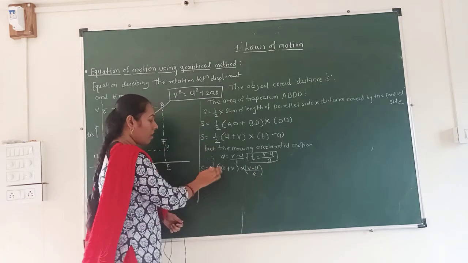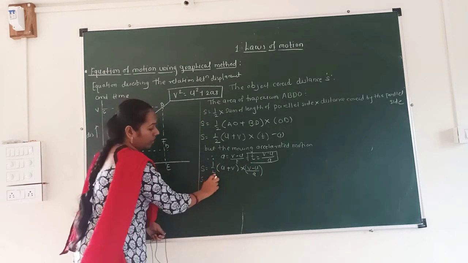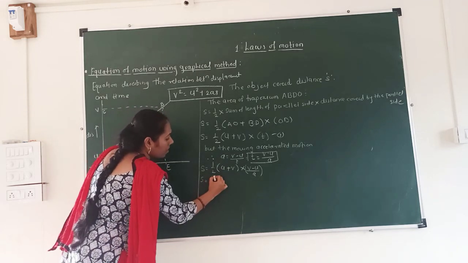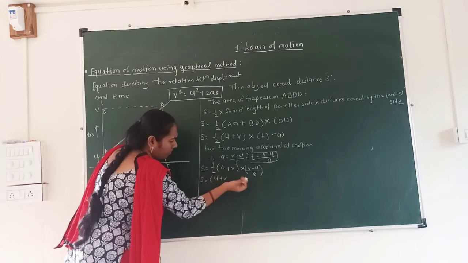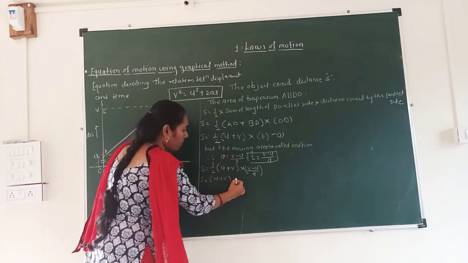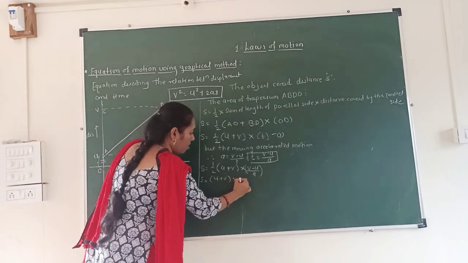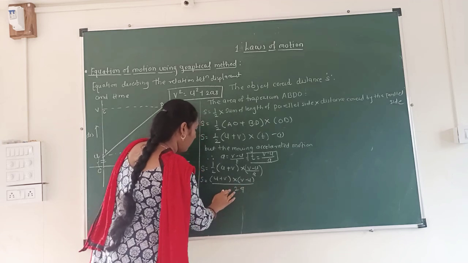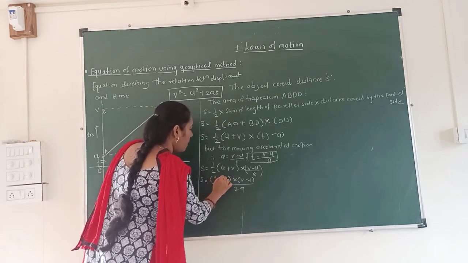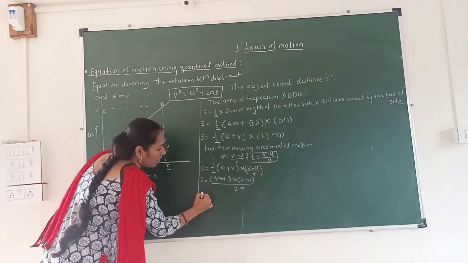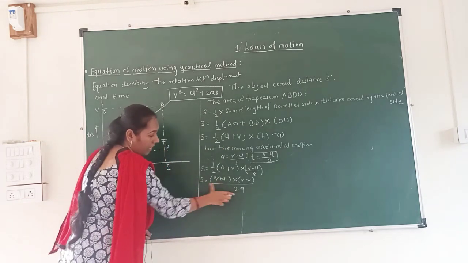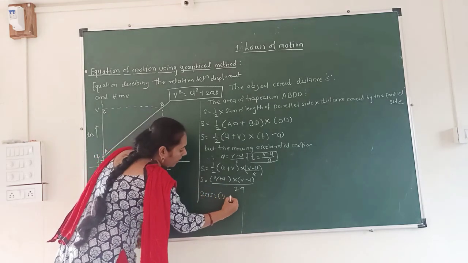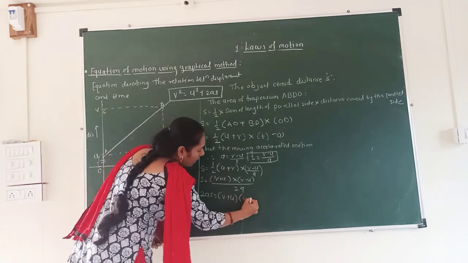Now these two are put together, and the equation becomes v plus u, or u plus v, you can write either, into v minus u divided by 2a. I write here v plus u. Now, by rearranging this equation, 2as is equal to v plus u and v minus u.